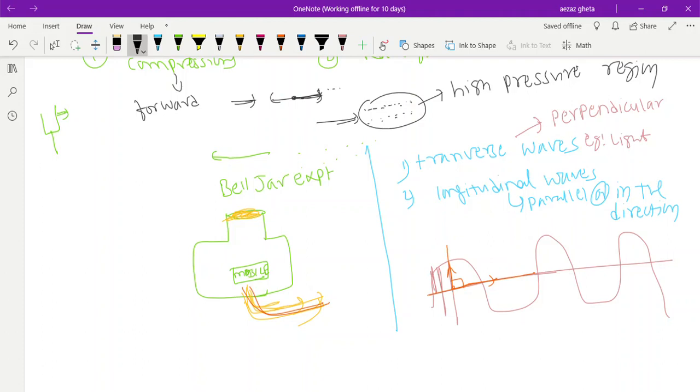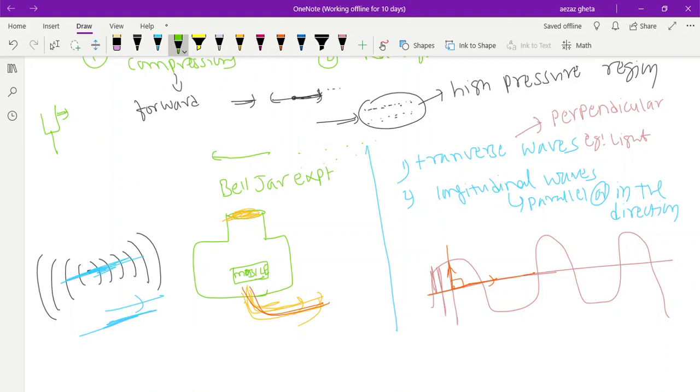The waves in which particles vibrate in the direction of propagation of the wave. Like this it will come, and the particle vibration is also in this way. To and fro, not up and down, to and fro.